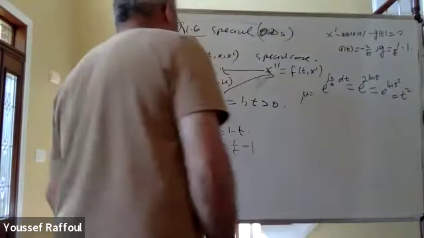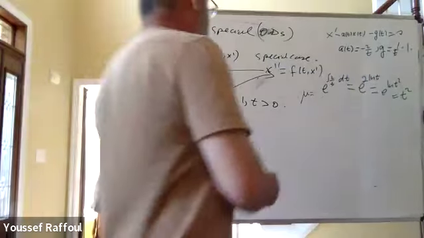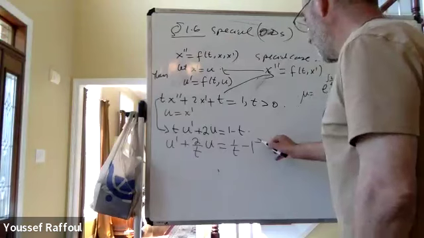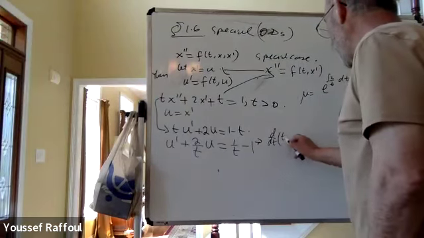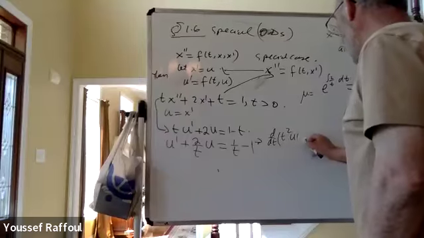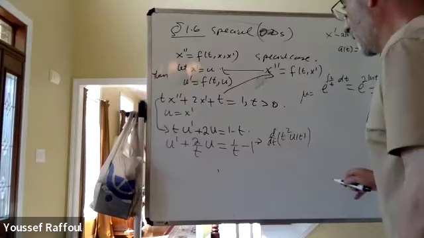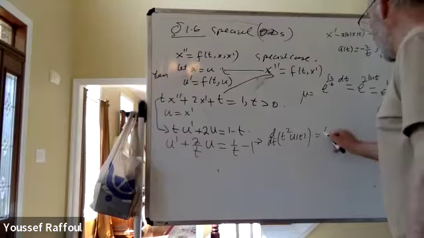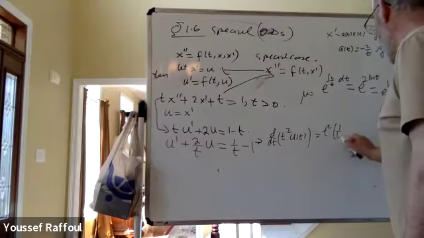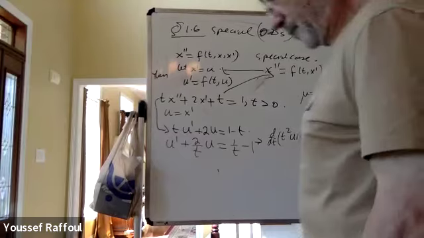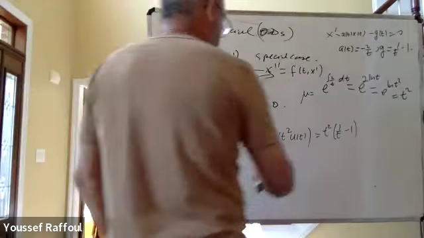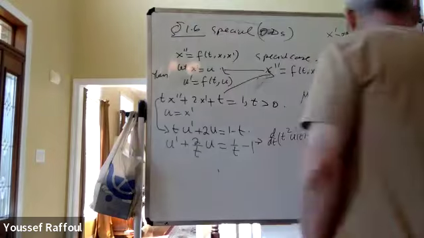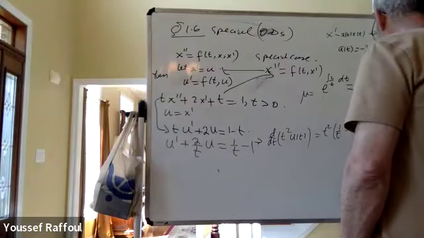I'm not going to use the variation of parameters. I can do it right away. So this is d/dt of t squared u of t equal to t squared times 1 over t minus 1, and that is t minus t squared.